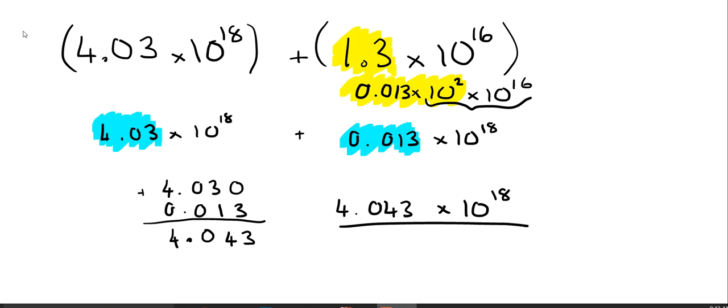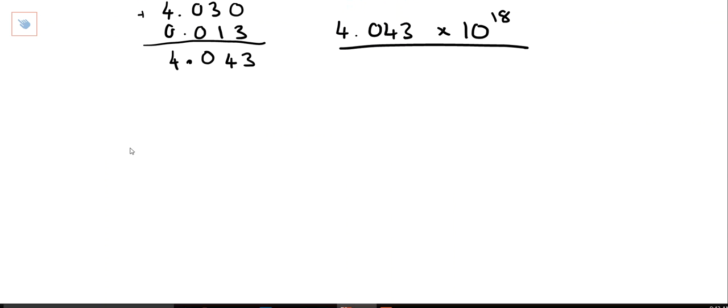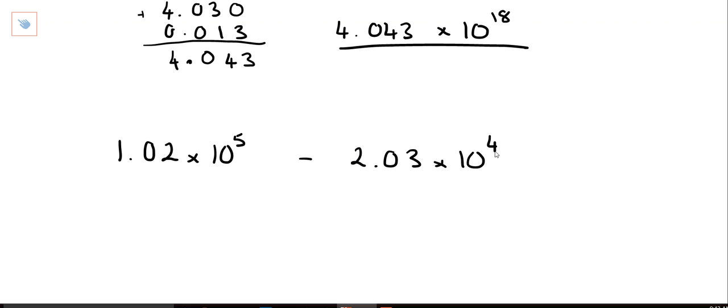Okay, shall I do one more? One more that you can take if you don't get it finished, you can take it with you and get it done. So let's have 1.02 times 10 to the power of 5 minus 2.03 times 10 to the power of 4.